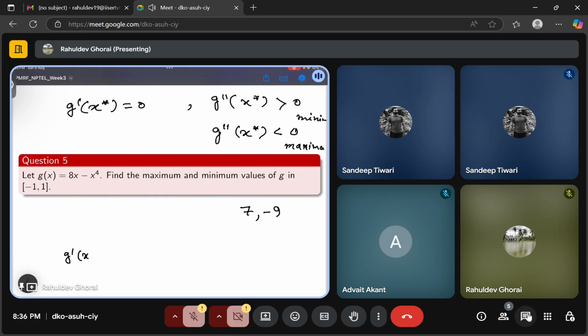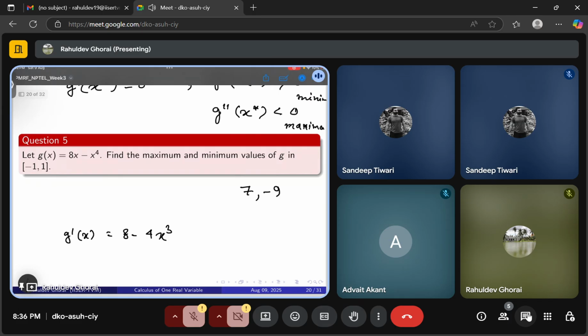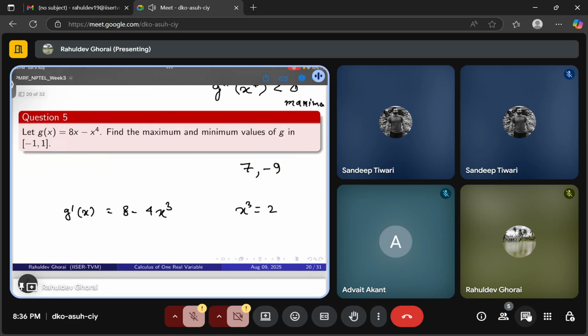Okay. So g dash x is equal to 8 minus 4x cube, because this will be seen by many other people, that's why I just wanted to do this. So if g dash x is equal to 0, x cube will be 2, right? At x cube equal to 2, it will be the maximum or minimum which is there.